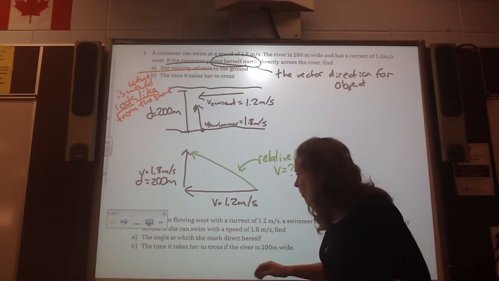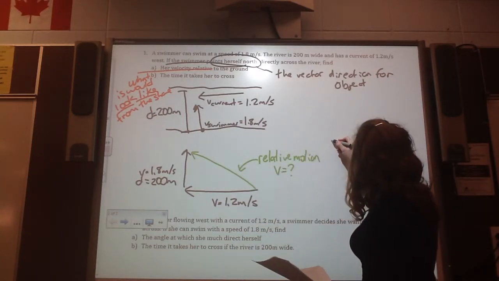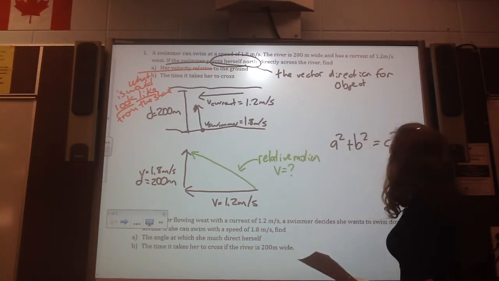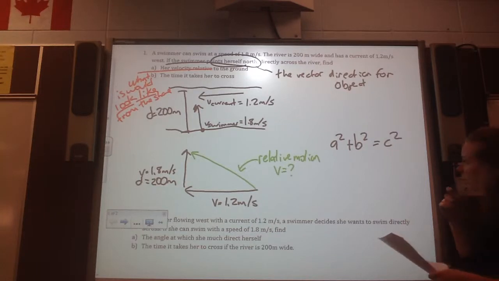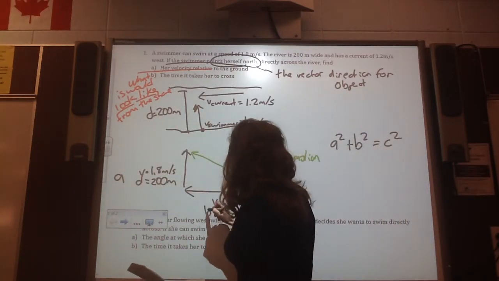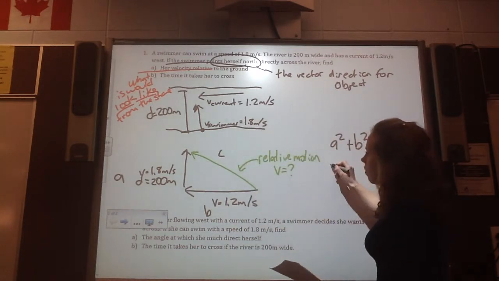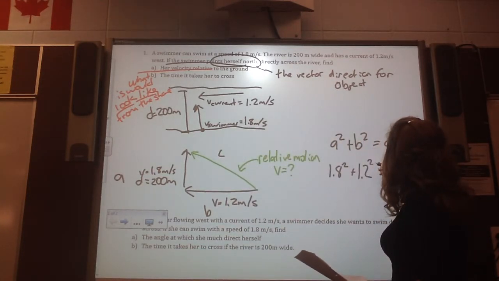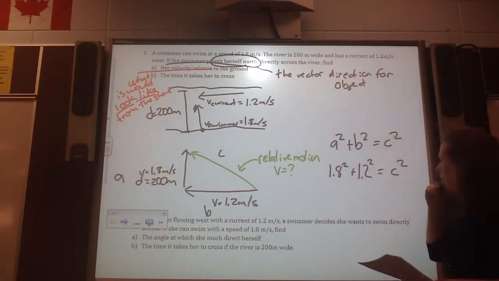Pythagorean theorem, yeah. So we can go a squared plus b squared is equal to c squared. So you can say this one is a, this is b, and this is c. So 1.8 squared plus 1.2 squared is equal to c squared.